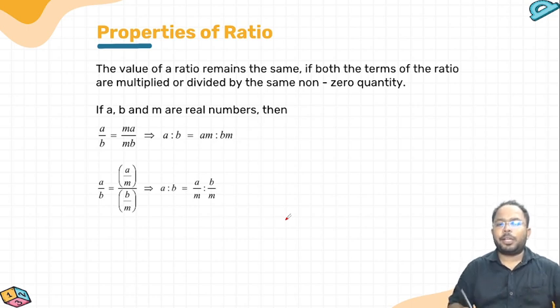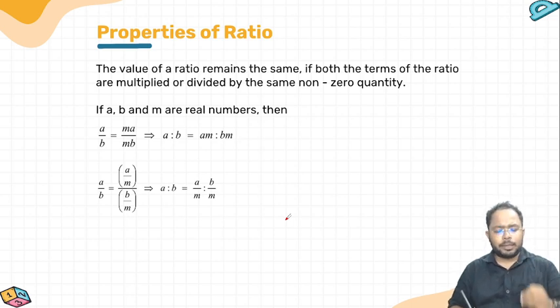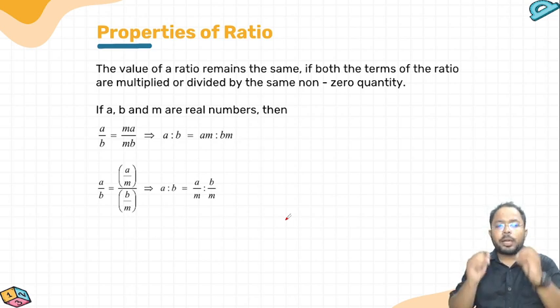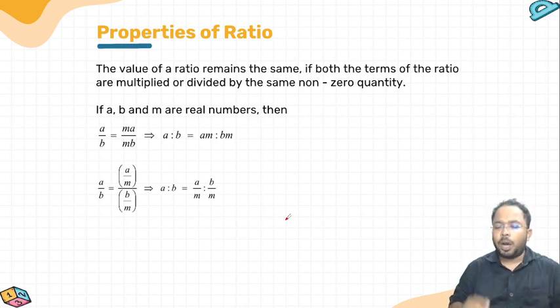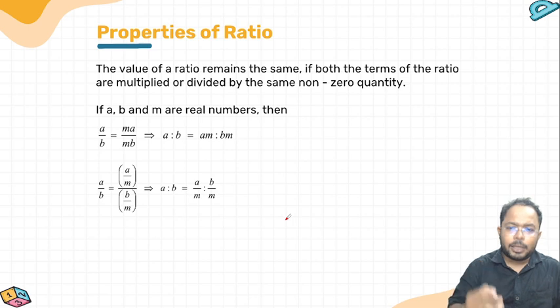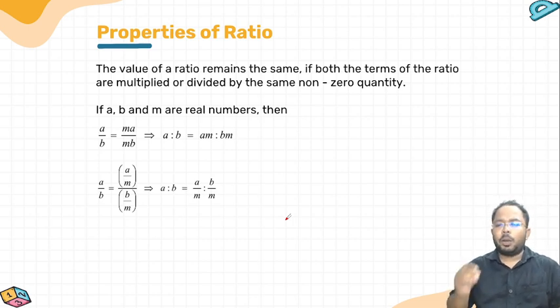It means if A and B are two numbers with the ratio A is to B, that ratio remains the same even if we multiply the numerator and the denominator by some other non-zero quantity, or divide by it. It will not affect the ratio. The ratio will remain the same.